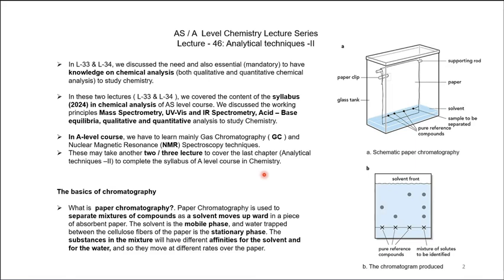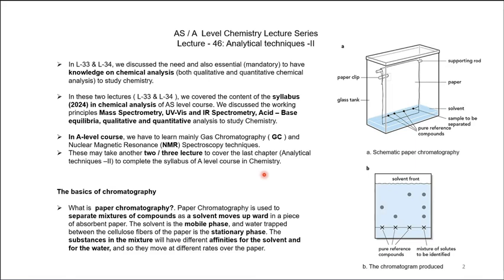Well, in the AS level syllabus, for lectures 33 and 34, we discussed a lot about chemical analysis, what we need and why we do chemical analysis. This sort of discussion we did in lectures 33 and 34.